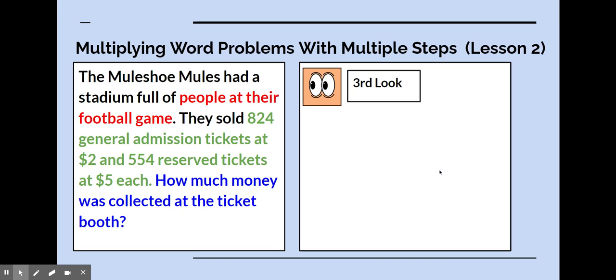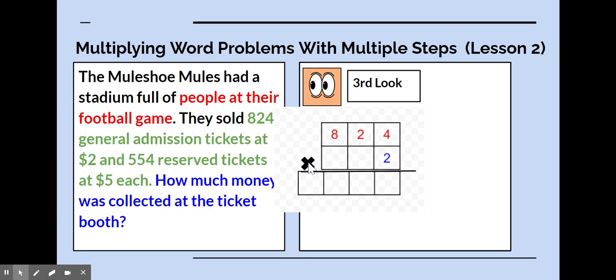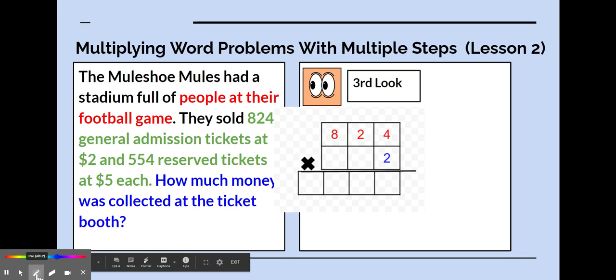From our second look in our model, we know that we are going to multiply two separate problems because we had two separate groups of the same number repeating.